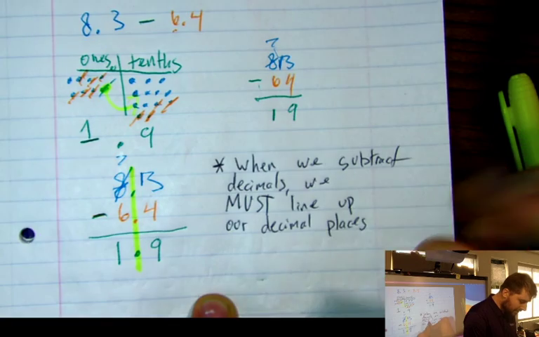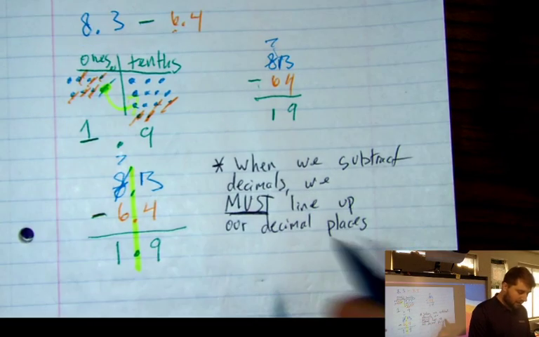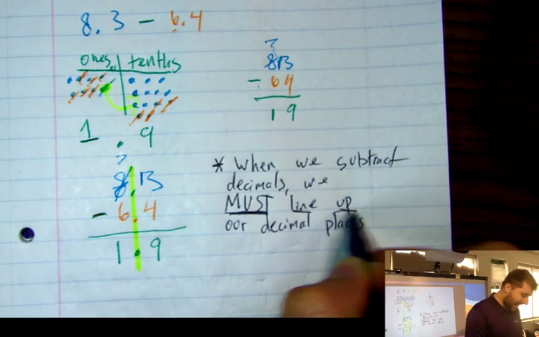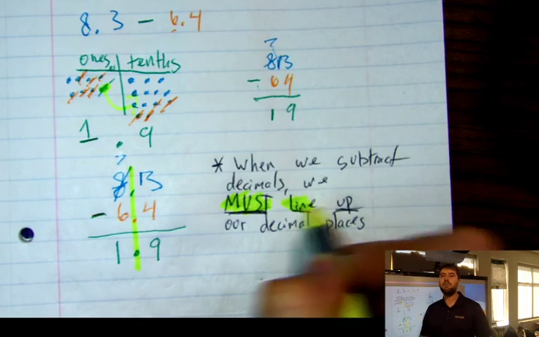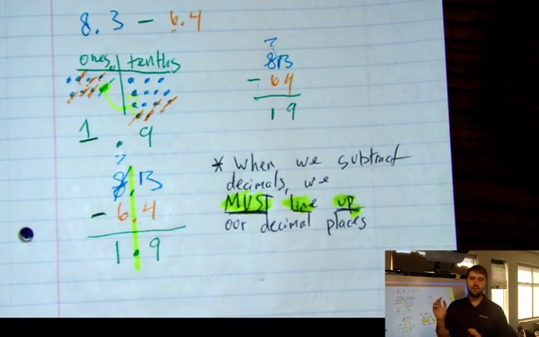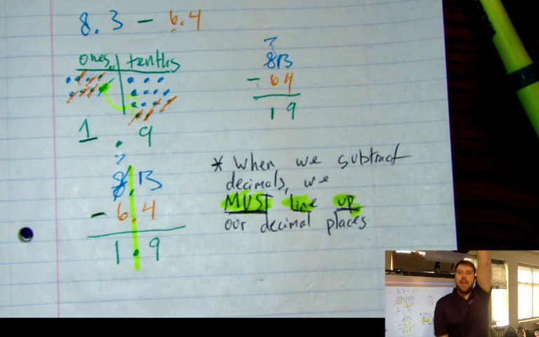And please underline that word must. Underline that word line. Underline that word up. I'm going to highlight the words must line up. It is so important when we are adding and subtracting decimals. That decimal place has to be in a line every time, because if it's not in a line, it's not going to work out for us.